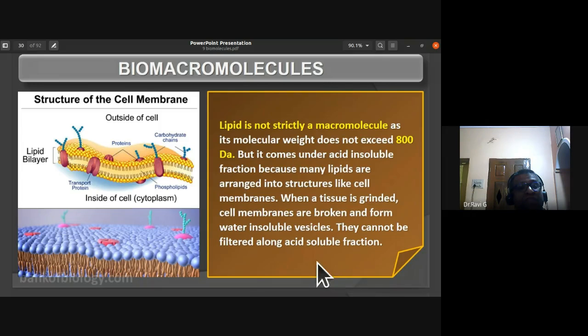They cannot be filtered along with the acid soluble fraction, so they are in the acid insoluble fraction. That is the reason, even though lipids are micromolecules with molecular weight less than 800, since they are acid insoluble they are found along with the retentate. But lipids we are studying under biomicromolecules.